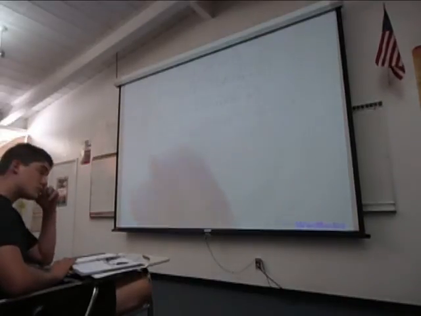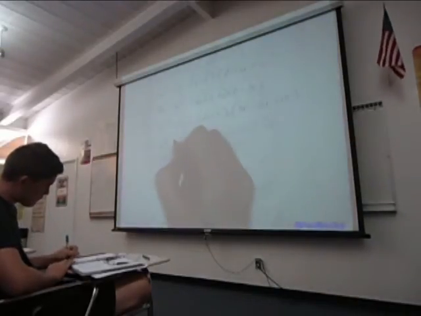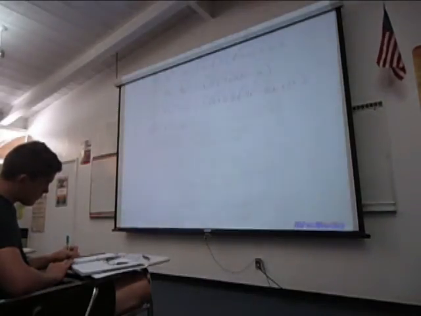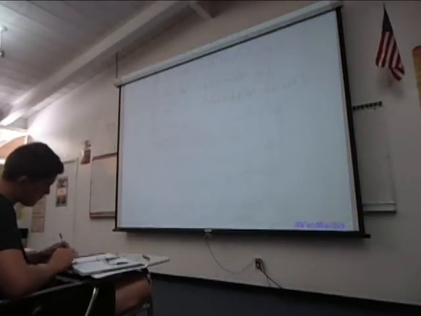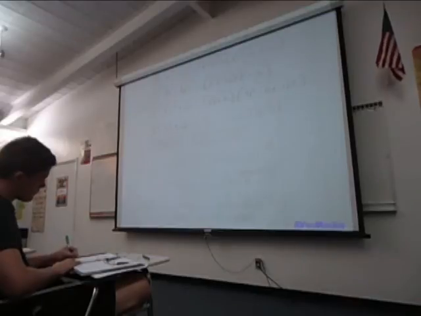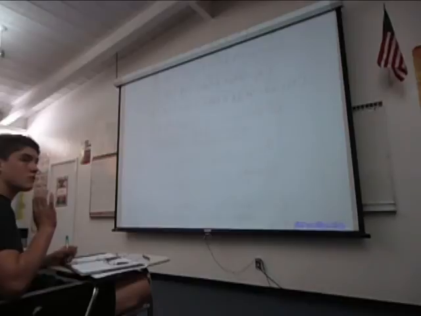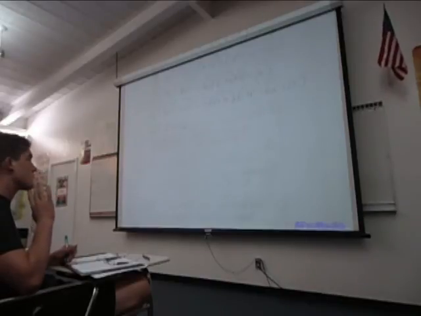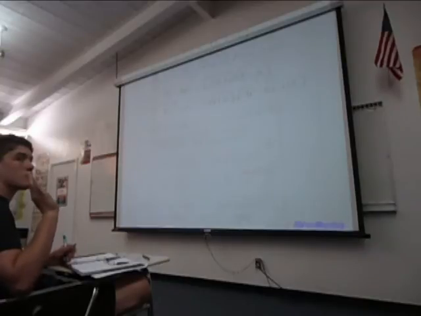Alright, number 5. We will do x squared plus 16. So how many of us on our paper are writing x plus 4, x minus 4? Oh, no, you can't do that.